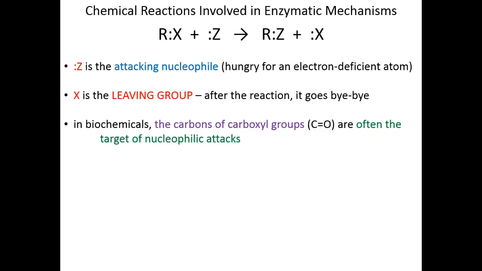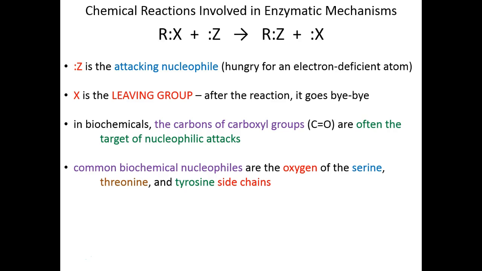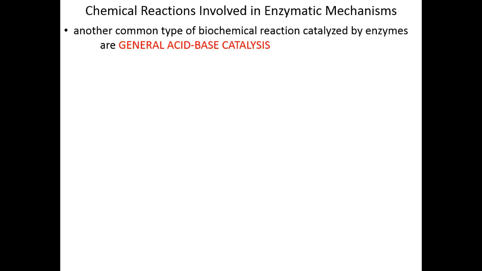In biochemicals, the carbons of carbonyl groups are often the targets of nucleophilic attacks. We saw that as well. Those carbons are very electron deficient. The double bond with oxygen is stealing a lot of electrons, and so they make an easy target. They're easy prey. Common biochemical nucleophiles that launch attacks are oxygens of serines, as we saw, also the oxygens of hydroxyl groups of threonine and tyrosine as well.